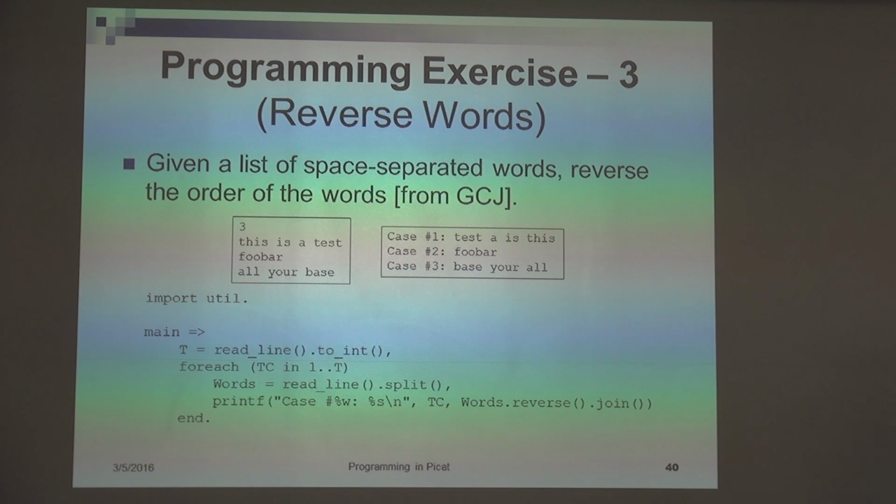And for each test case, what do we do? We use read_line to read a line, a string, and then use split to split the line into words. We get a list of words, and then we use reverse, and then use join to produce another string, and then print it out. That's it. It's very simple.